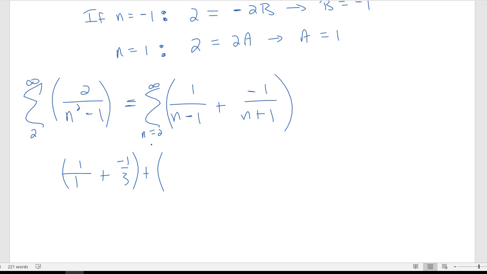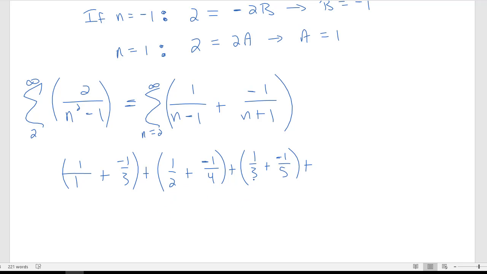When I plug in n equals 3, I'm going to get 1 over 2 plus negative 1/4. And when I plug in n equals 4, I'm going to get 1 over 3 plus negative 1/5. I think you can start to see the pattern here, right? If this is 2, I jump and get 4.